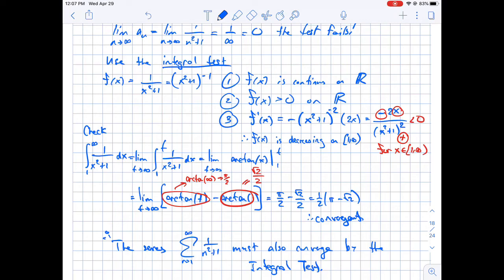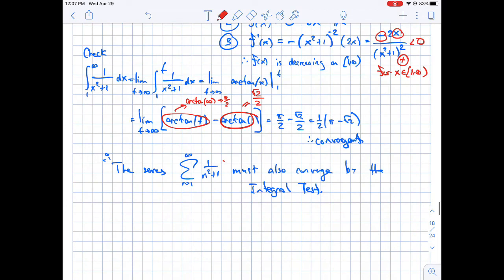Now, the one last question that I want you to consider is, what does this series equal to? Okay, if we know that it is convergent, what is that series going to be equal to? And the temptation here is to think that maybe that series is going to be equal to this number, right? Maybe it's going to be exactly equal to the integral from 1 to infinity and what that integral converged to.